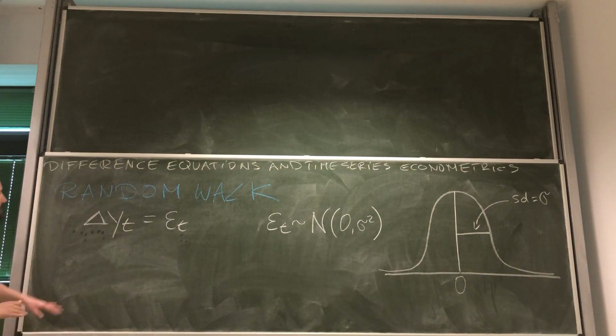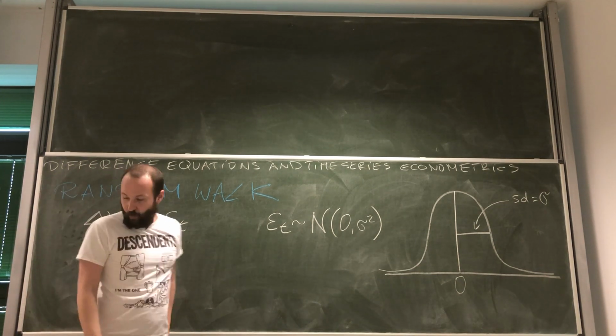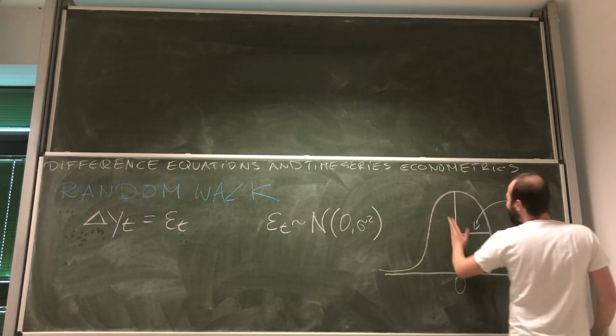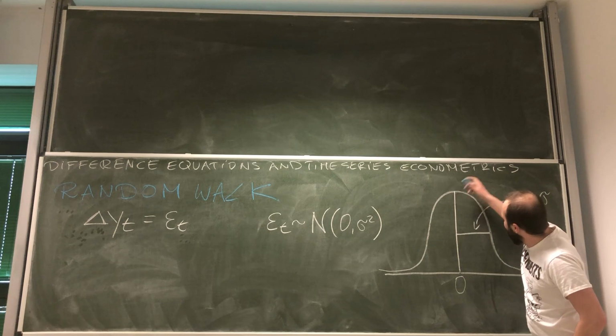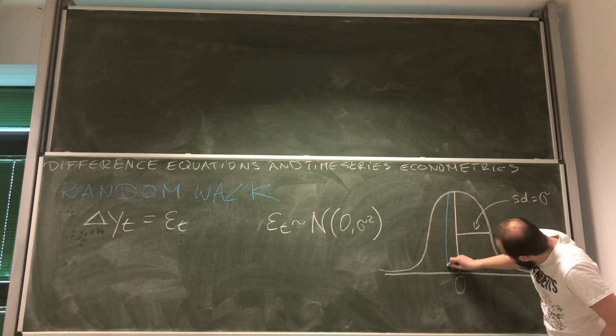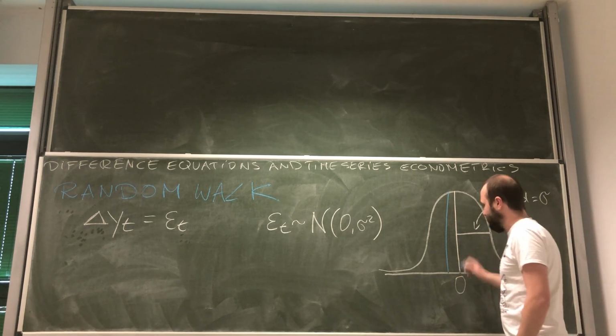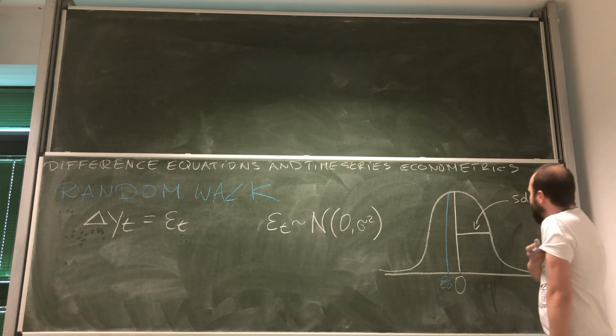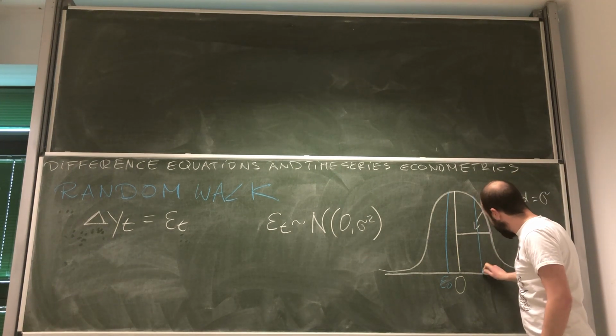Remember, this is the difference equation that is describing the pattern of changing y. And what might happen? You see that there is a relatively high density of probability around zero, which means, for example, we can get a negative shock, let's call it epsilon 0. Then you might have a positive shock.